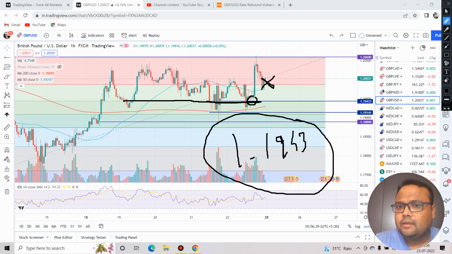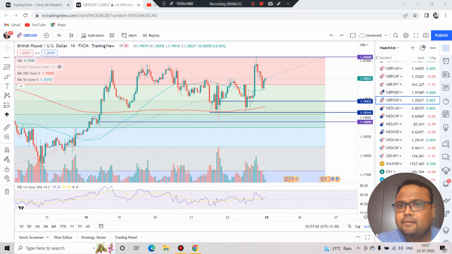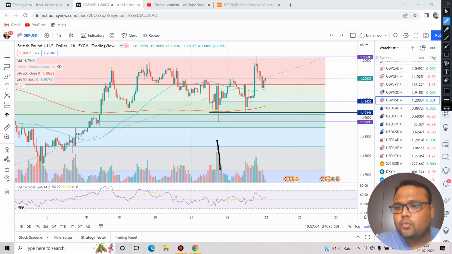So under less volatility, you can expect the market to reverse from here. If you see GBPUSD showing price rejection from below, forming a hammer kind of pattern or anything of that sort, that will give you the confirmation that it is respecting this level and you can go for a buy position.